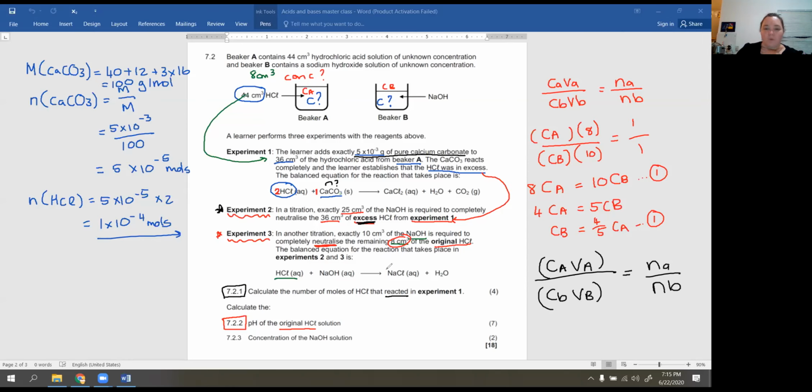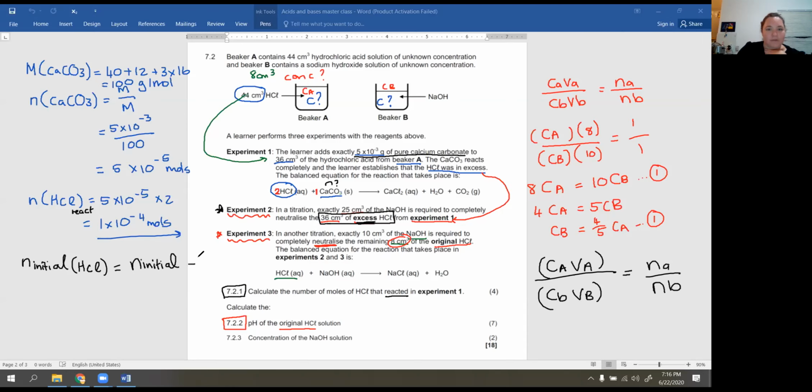So what I may choose to do here, because I want to talk about the number of moles, this is the number of moles of HCl which reacted. So the number of moles initial for my HCl, I could have written that in either order. The number of moles initial would have been the number of moles that were in excess at the end here.